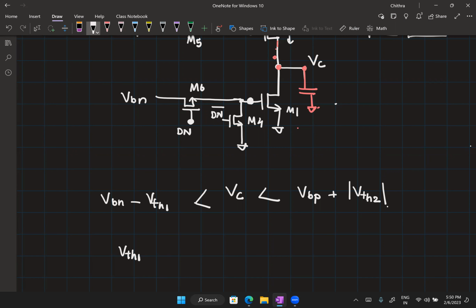So if down is VTH6, right. So the down signal should be greater than VTH1 plus VTH6 for the down current to turn on.